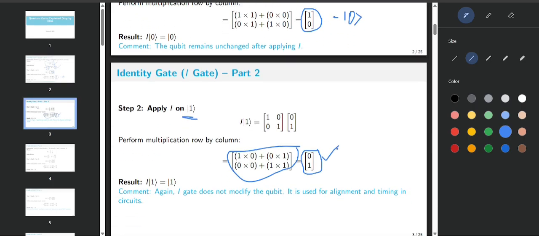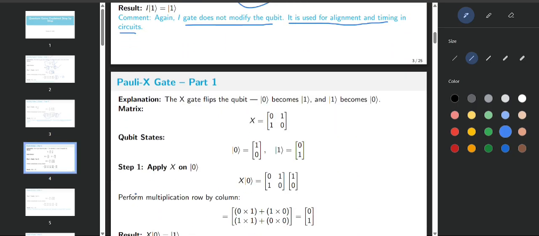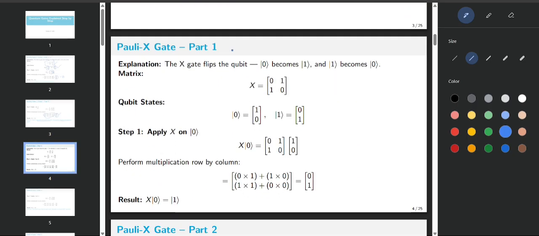If you apply it with ket 0, you get ket 0. If you apply the identity gate with ket 1, you get ket 1. So the I gate does not modify the qubit. It is used for alignment and timing in circuits. That is the only use case of identity gates in quantum.